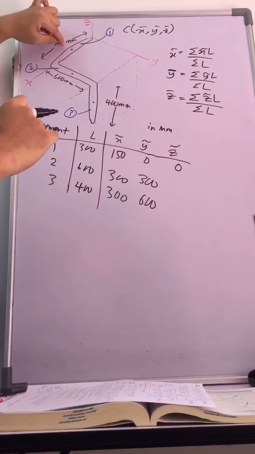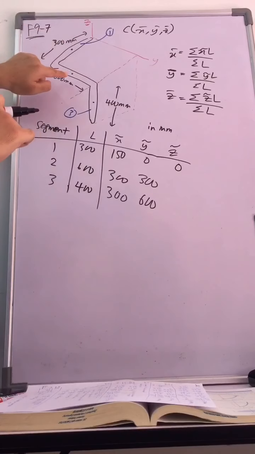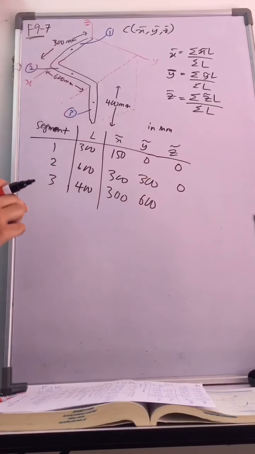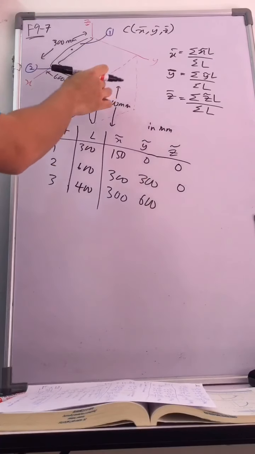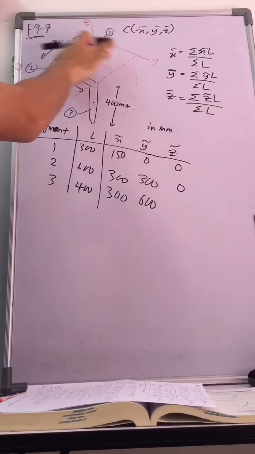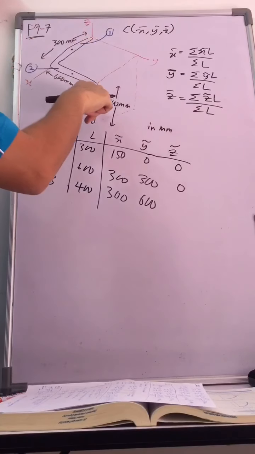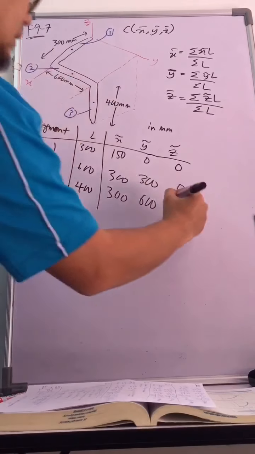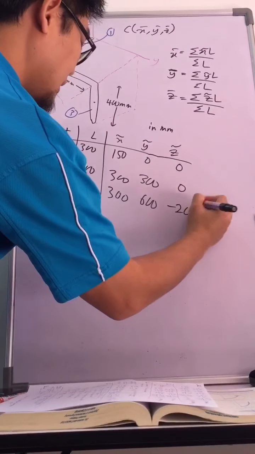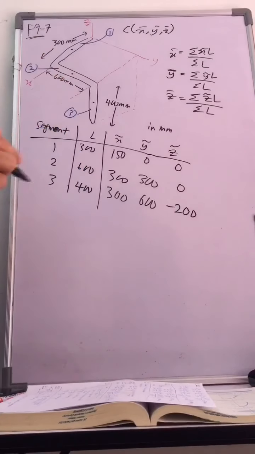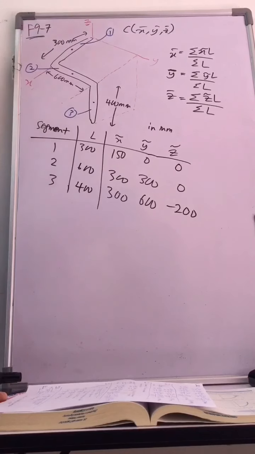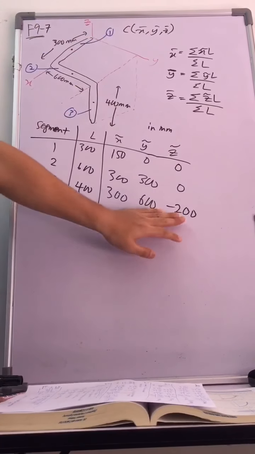Okay, so this is z equals 0. Number 2, again z equals 0, right? And number 3, from this xy plane, z going down 200, isn't it? This is 400, so half of that is minus 200. Okay, minus 200. Why minus? Because we define z as positive upwards, so going downward will be minus 200.